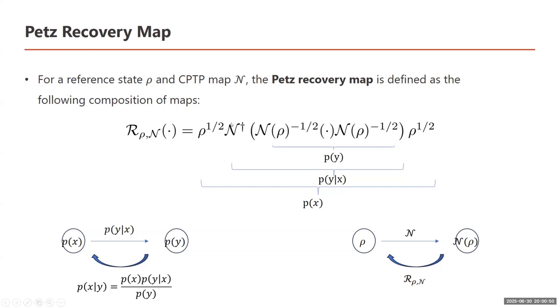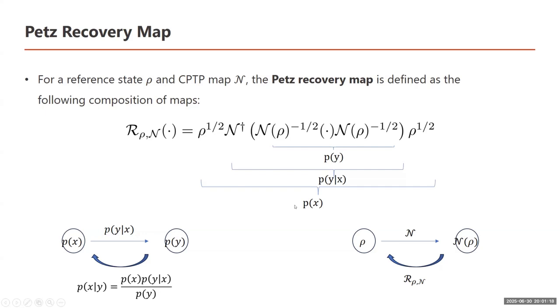Secondly, this second inner term can be thought of as a Py of x, because it is covered with N, showing the same part here, and here. And finally, multiplying by rho at the front and the back can be interpreted as a Px.